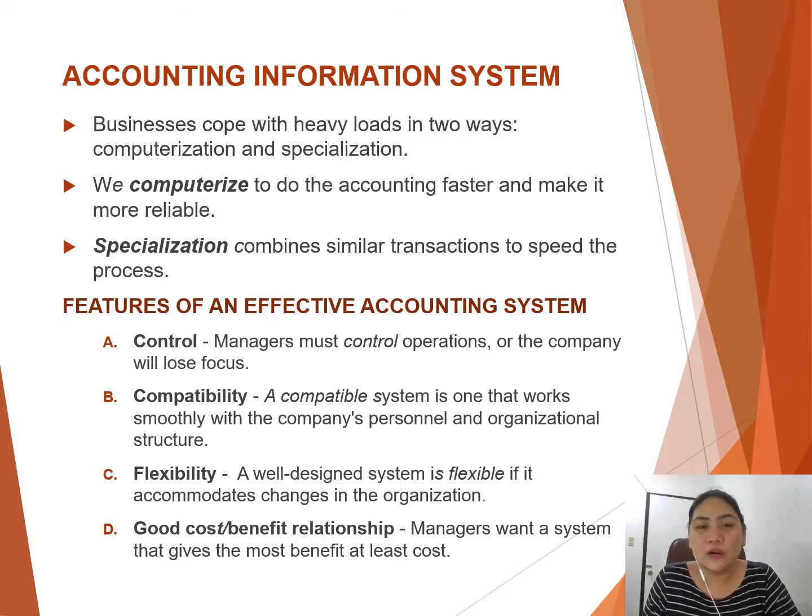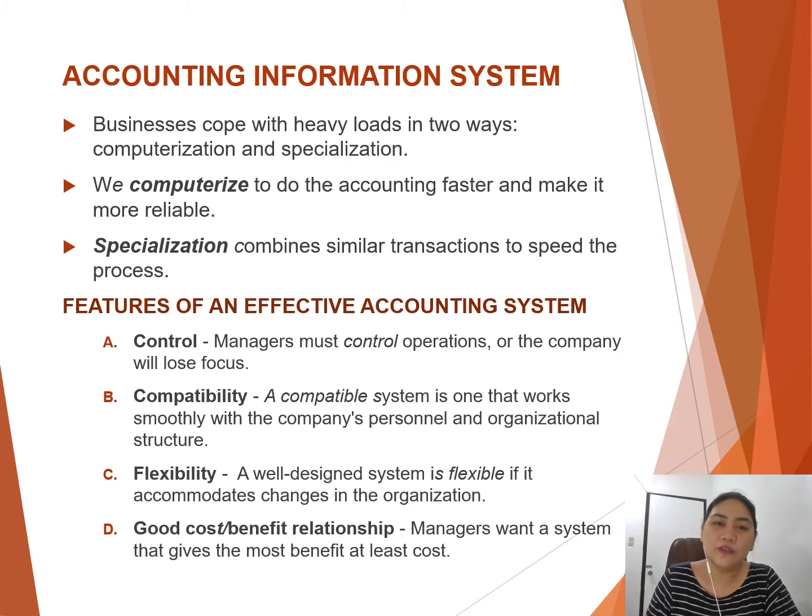So there are two ways wherein the business copes with heavy loads of information. Those two are computerization and specialization. When we say computerization, we computerize for us to be able to do the accounting faster and to make it more reliable.